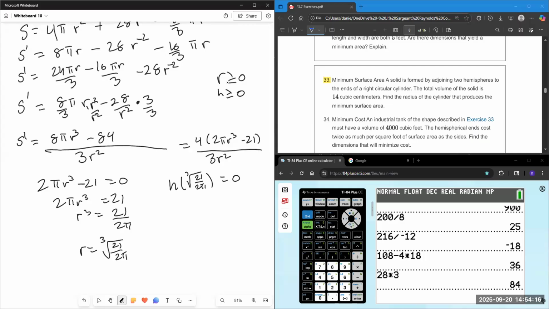That's how you're going to minimize your surface area and get your volume that you want, is to put all the volume inside of the sphere and to get rid of the cylinder piece that's in between. So this will happen when r is equal to cube root of 21 over 2 pi and h is equal to 0. That's when my minimum surface area is going to happen.